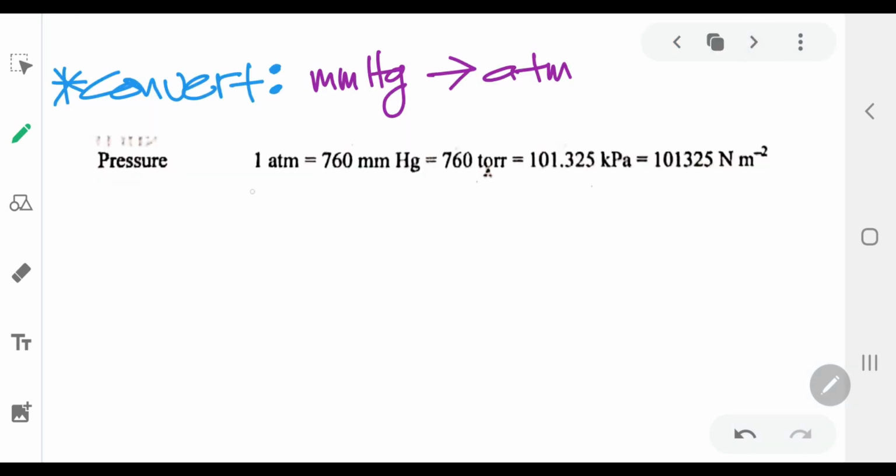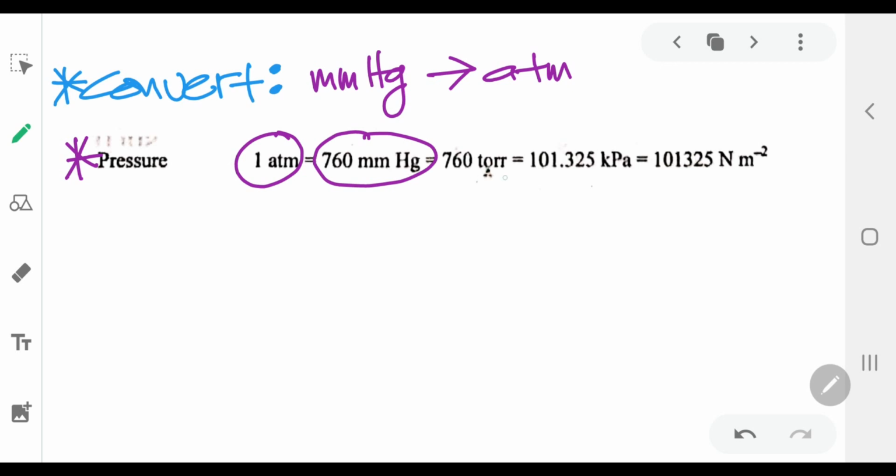Okay? So the first conversion, let's convert the pressure. When you look at the relationship here, 1 atm, or 1 atmospheric pressure, is equivalent to 760 millimeter mercury.